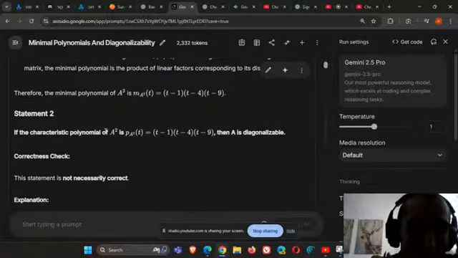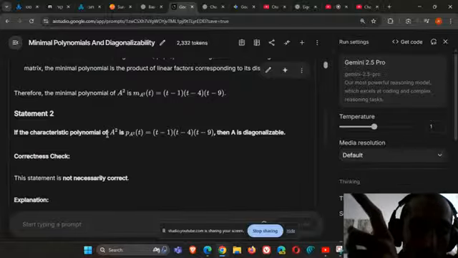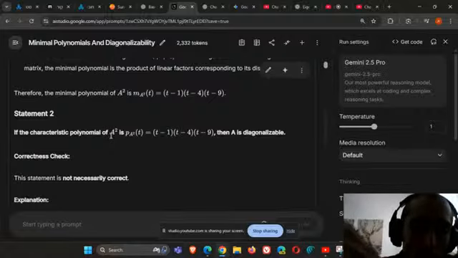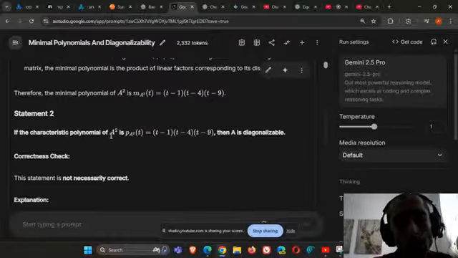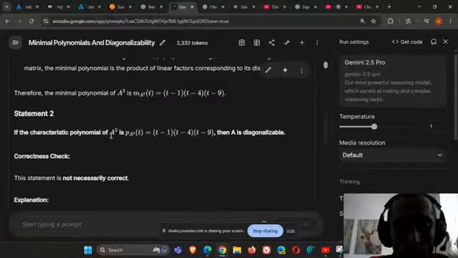And now, again, A is 3 by 3. If I have 3 different eigenvalues, I can straight away conclude that the matrix is diagonalizable, because if I have 3 different eigenvalues and the matrix is 3 by 3, the algebraic multiplicity will equal the geometric multiplicity, and of course A will be diagonalizable.